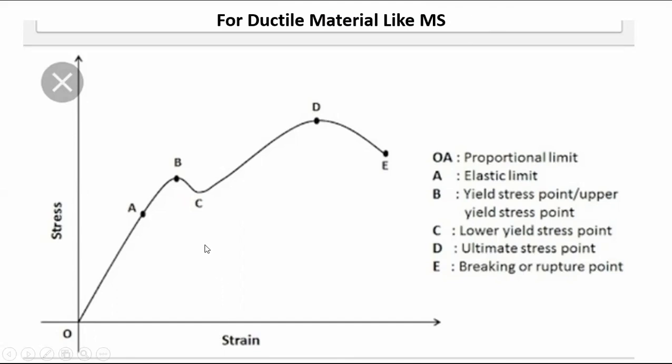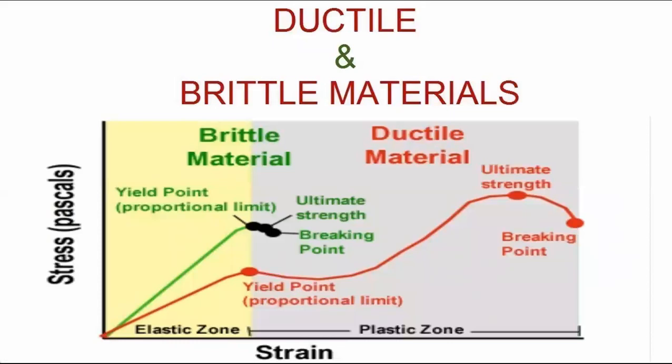So how much load should we apply on a machine component, or it can be a civil engineering structure like a bridge or anything else. This is the use of this stress strain curve, and this particular stress strain curve is for ductile material like mild steel.